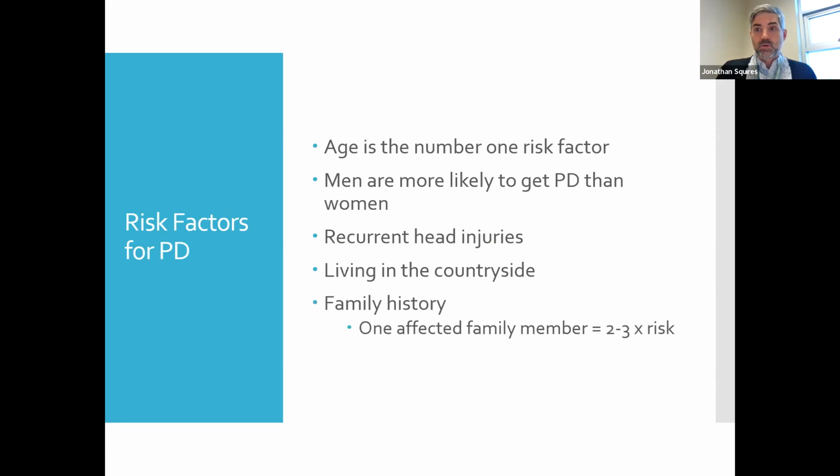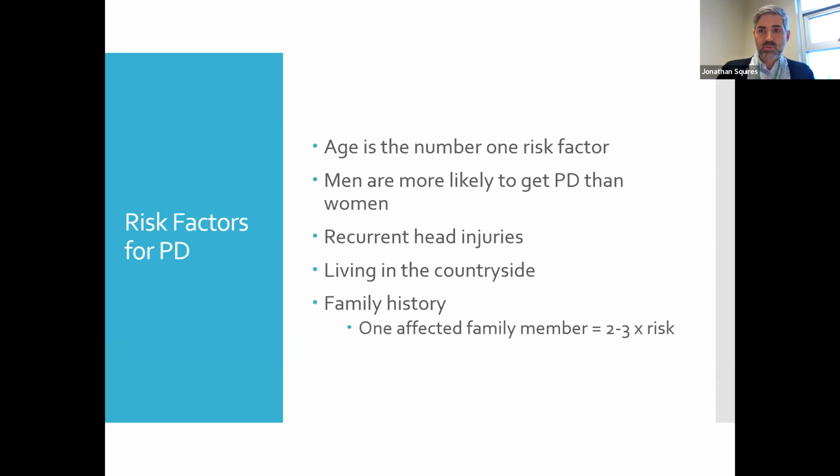Family history on its own. So aside from the genetic stuff we talked about, if you have one first-degree family member, so sibling, parent, or less likely, a child, your personal risk of Parkinson's is 2 to 3 times the baseline population risk. So 0.3% of the population has Parkinson's. If you have a parent who's affected, 1% basically is your risk.